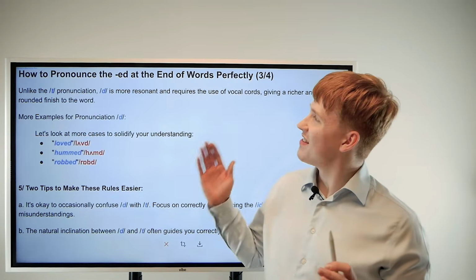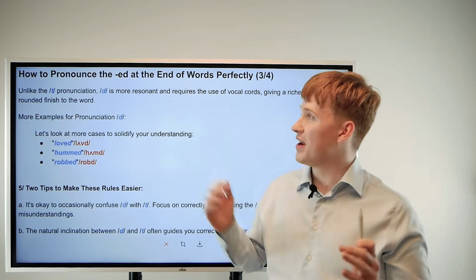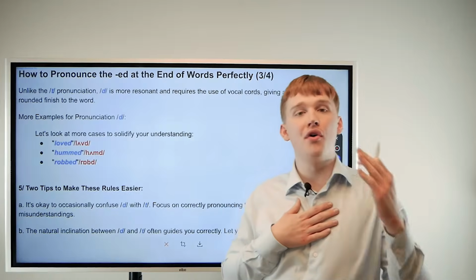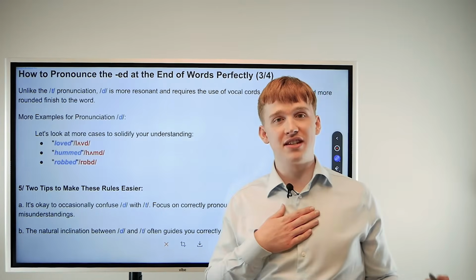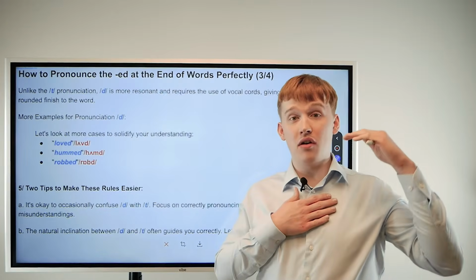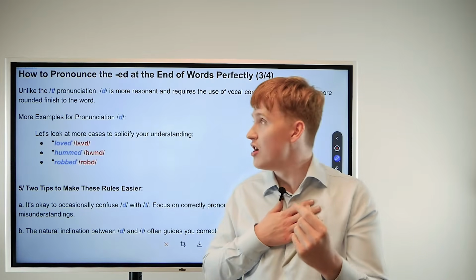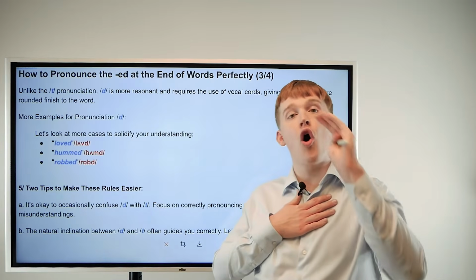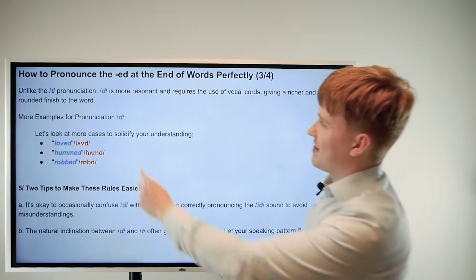Remember that the D is one that we need to think about when it comes to using more of our vocal cords, because the sounds that are before the D here have much more of a vibration to them. They are voiced sounds. So you want to go over that vibration to get to the letter, and to get to the sound.